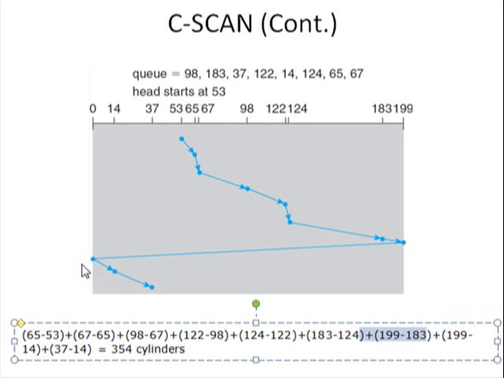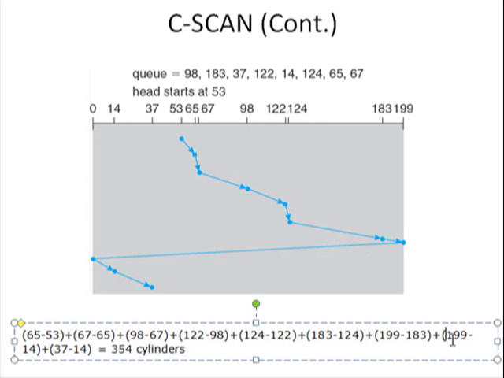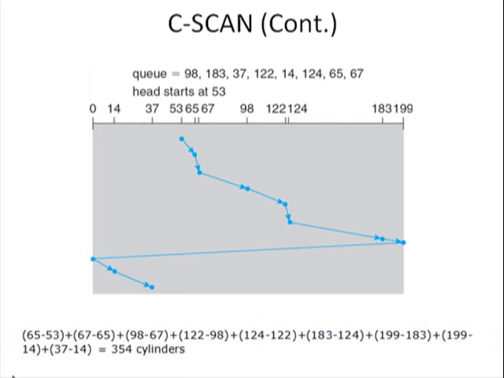Again, the 0 is meaningless, so it may not be considered. The actual head movement is from 199 to 14, calculated as 199 minus 14. And then from 14 to 37, so 37 minus 14. If you add this all together, the total head movement in terms of cylinders is 354 cylinders.